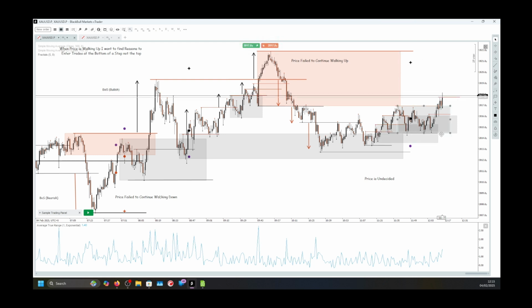But this is what I'm doing when I've got an actual trade running. I'm watching like this, the different reactions at different levels.